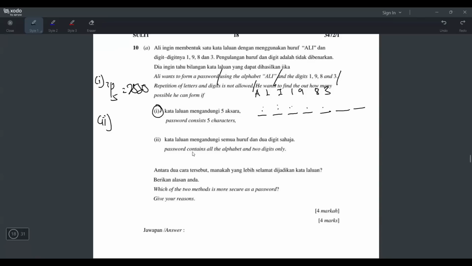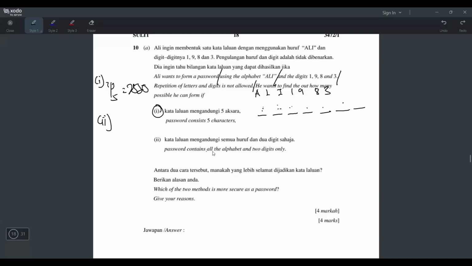For question 2, they never said the password needs to be 5 characters or all. I think what they mean is you arrange all 7, like your password is also 7 characters. So what's the number of ways?